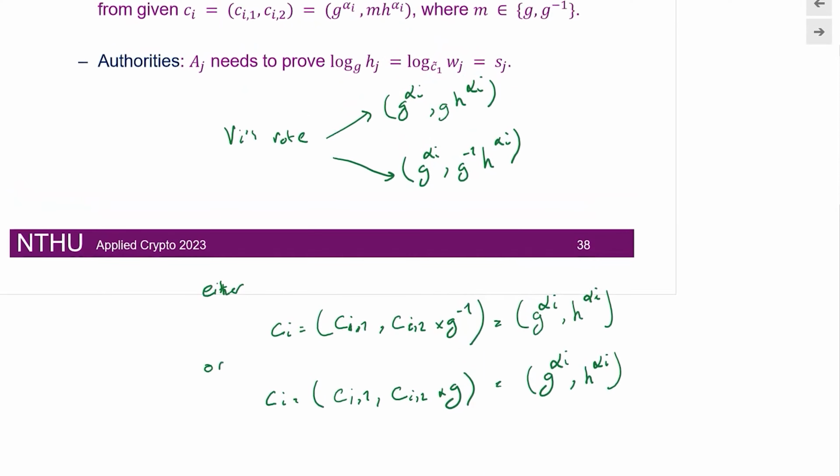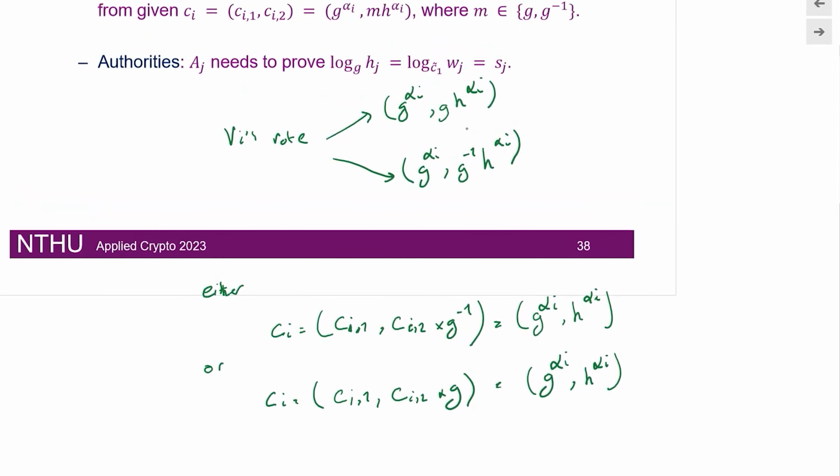So if you look into the votes, they are different, because it could be g to the minus 1 or g to the h. But now he wants to prove that he has voted correctly.